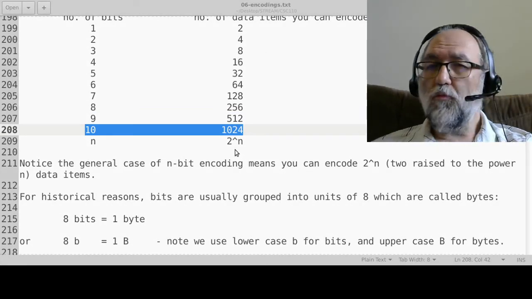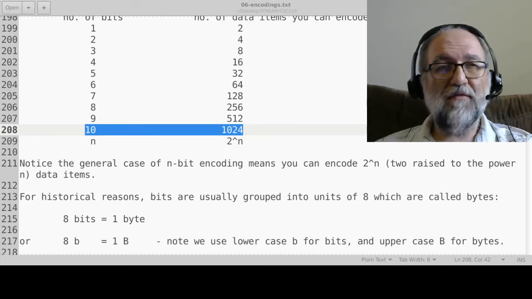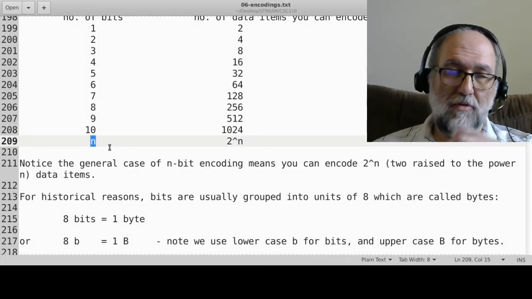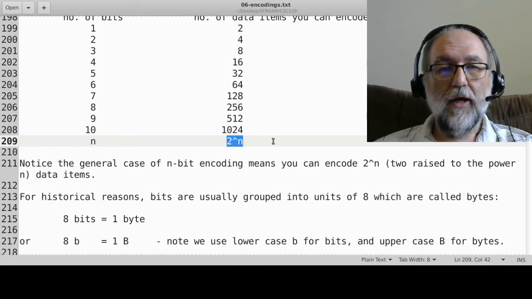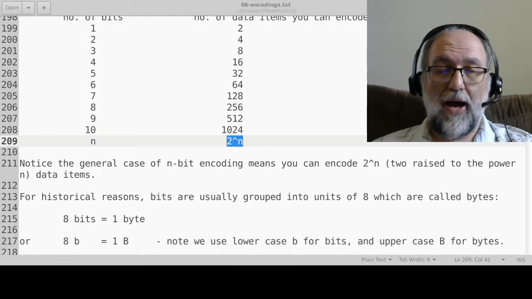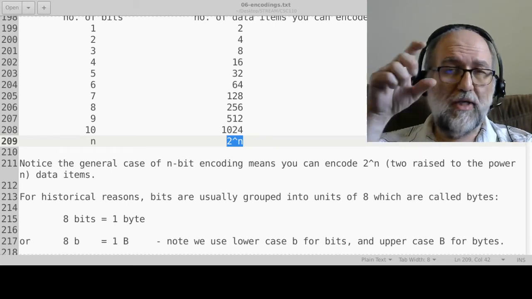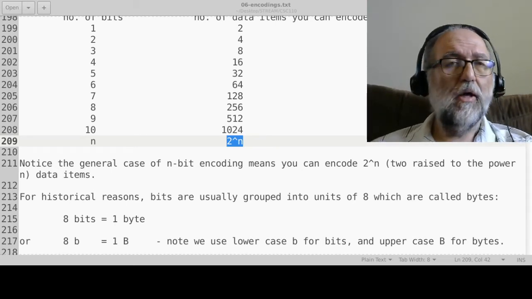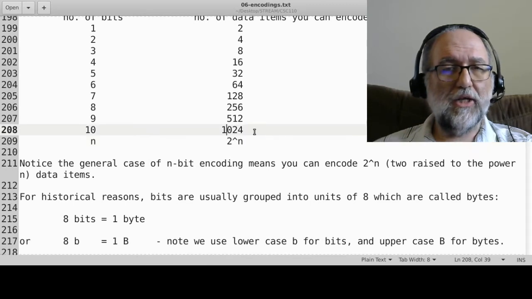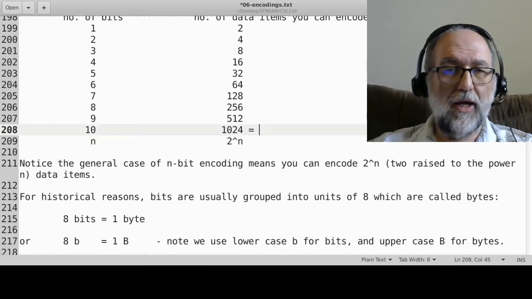Now, in general, if you have n bits, I've just generalized it to n, there would be 2 to the power n. So what does that 2 to the power n mean? It means if you have n, you just take 2 and you multiply it by itself n times. So this 1024 is actually equal to 2 to the exponent 10.